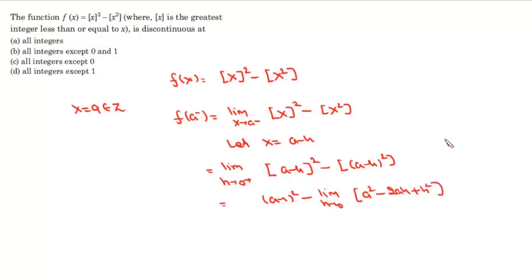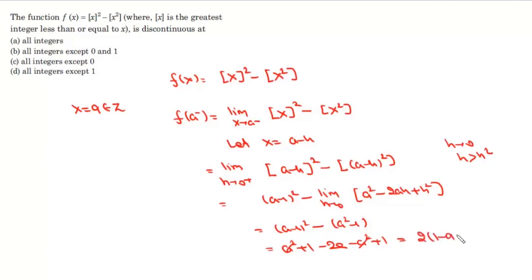Now h is nearly 0. So basically this h is greater than h square, so this minus term takes over. So this value will be a little less than a square. So its greatest integer function will be simply a square minus 1. Now if we simplify this, it will be a square plus 1 minus 2a minus a square plus 1. Now here a square will cancel. So it is simply 2 into (1 minus a).